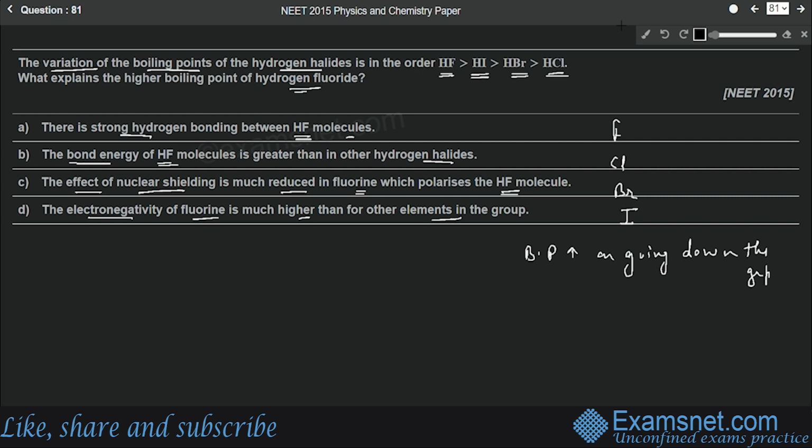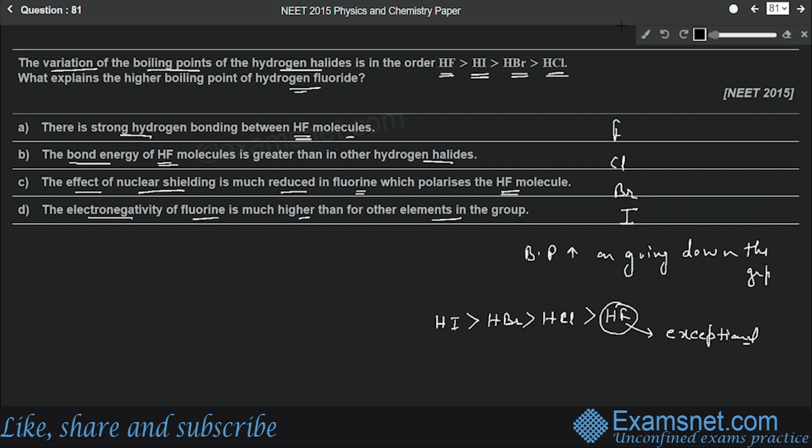So according to that, the sequence should be minimum for hydrogen fluoride, then more than that hydrogen chloride, then more than that hydrogen bromide, and then it should be maximum for hydrogen iodide. This should be the trend according to the general rule, but here hydrogen fluoride plays an exceptional role.